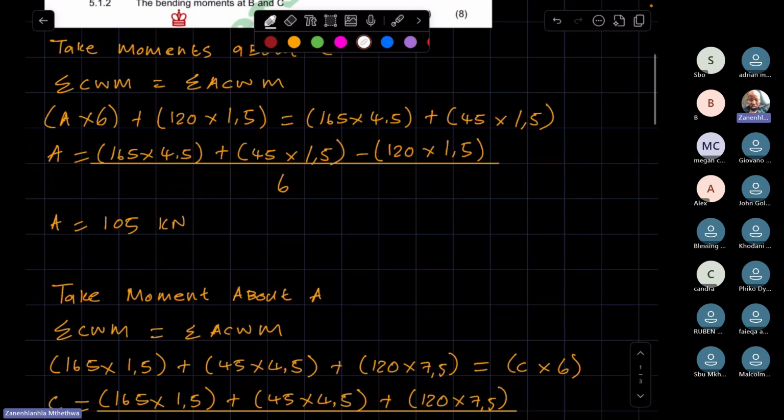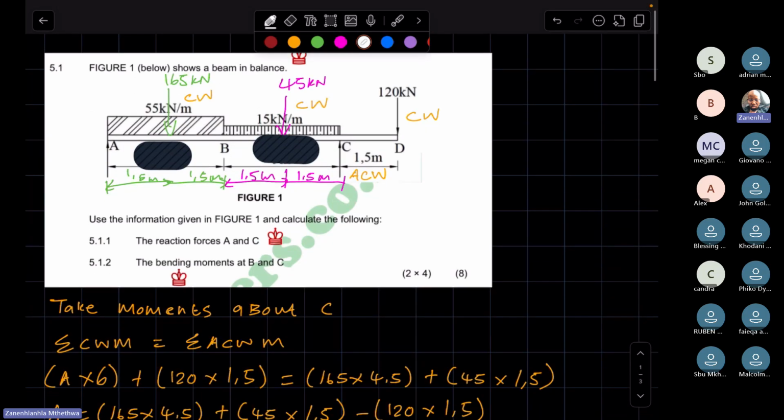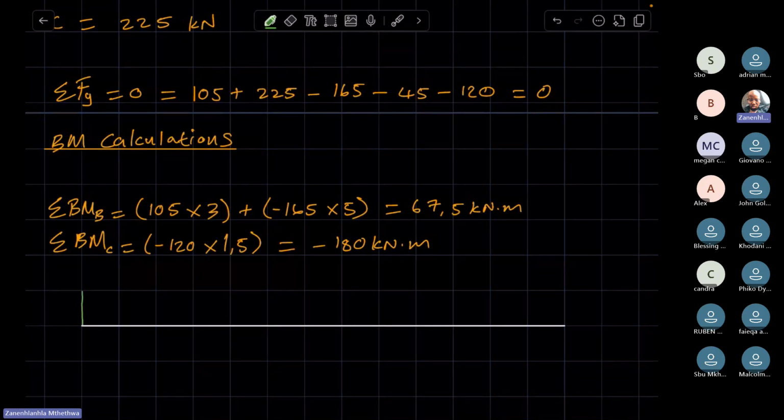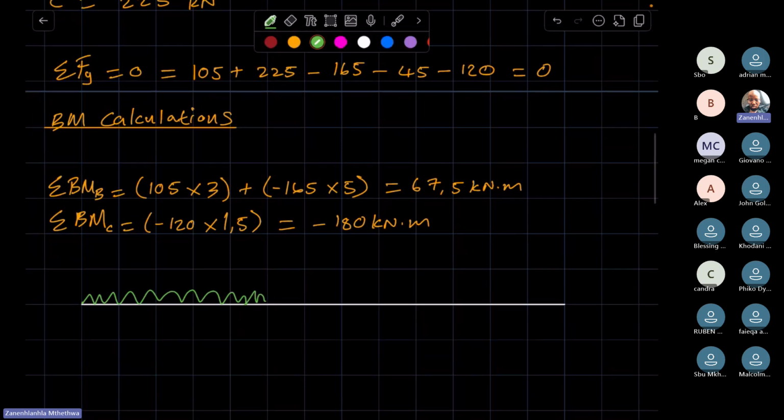So you have your beam. You have a UDL here, then you have 1, 2, 3, 4, 5.